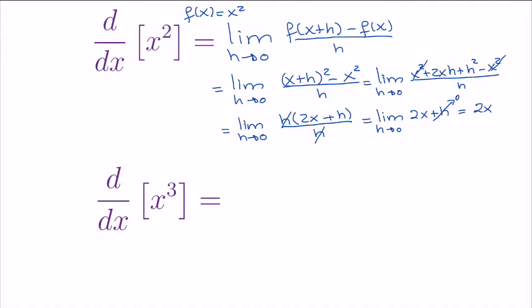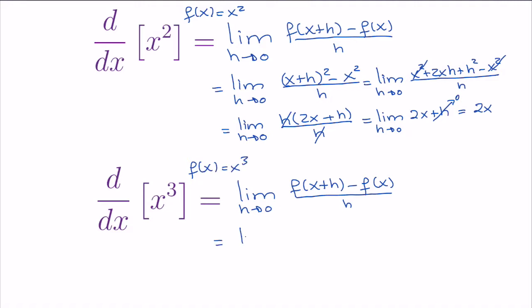Let's go one power higher. It's going to be the limit as h approaches 0 of f of x plus h minus f of x over h, our definition. And our function is x cubed. That's the limit as h approaches 0 of x plus h cubed minus x cubed over h.